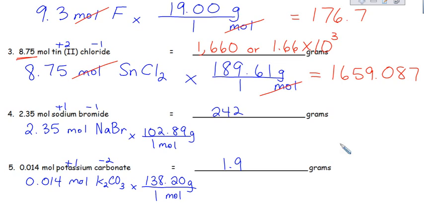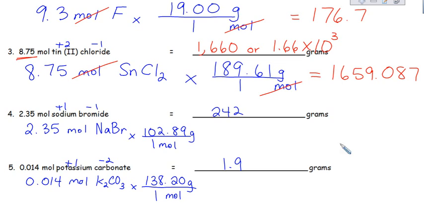Number 4. My sodium bromide plus 1 minus 1 should have a mass of about 102.89 grams. We multiply across and round to 3 sig figs. And again, these make sense. If you have a little over 2 moles and each mole is 102 grams, it makes sense that my final mass is like 240 some grams.